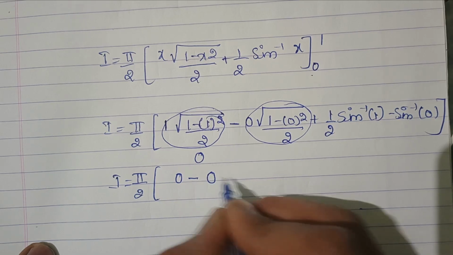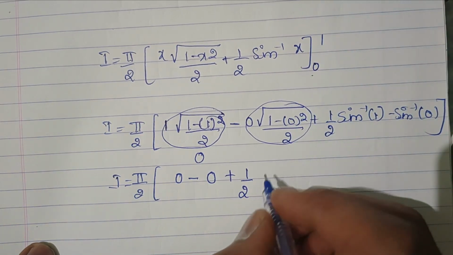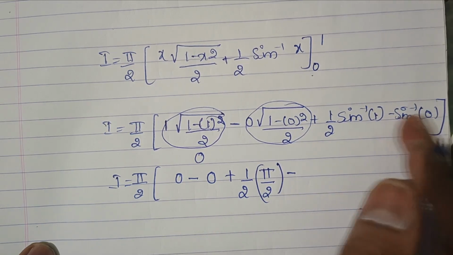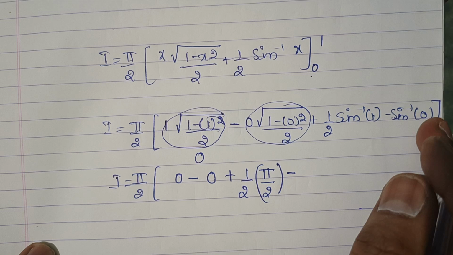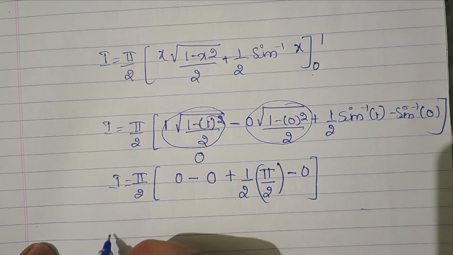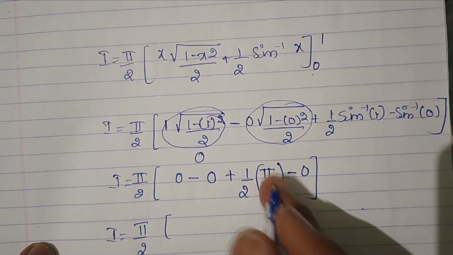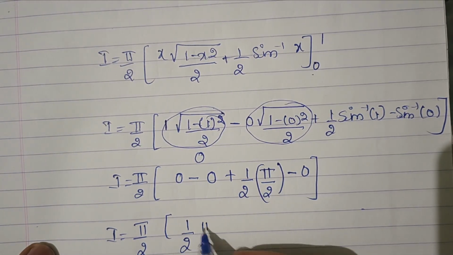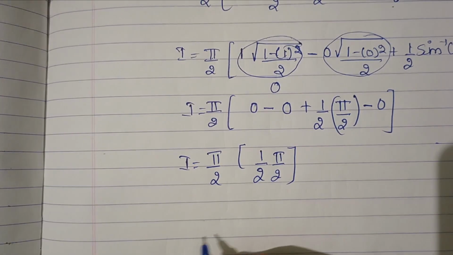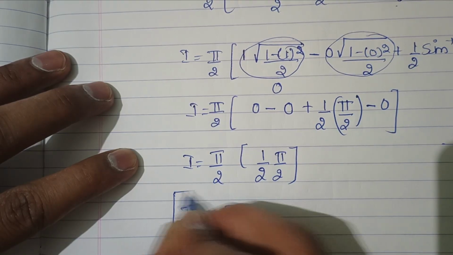So this is 0 plus 1 by 2 of sine inverse of 1, and sine inverse of 1 is pi by 2, minus sine inverse of 0, which is 0. Next, I is equal to pi by 2 of the remaining 1 by 2 of pi by 2. When we multiply this, we get I is equal to pi by 8. This is the answer.